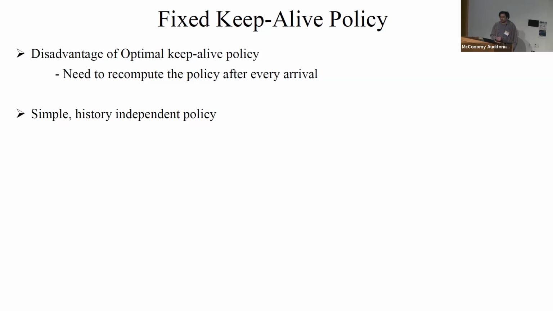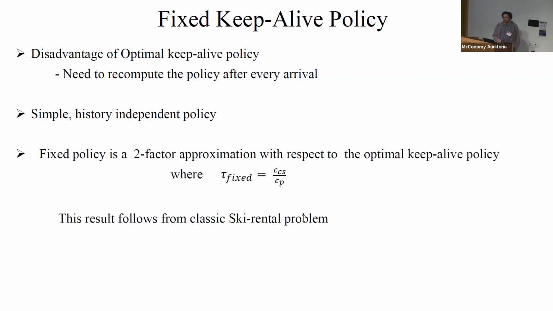So here the policy just has a fixed keep-alive window after a function invocation. And in fact, we find that the fixed keep-alive window policy is a 2-factor approximation of the optimal keep-alive policy. This result follows from the ski rental problem in online algorithms.